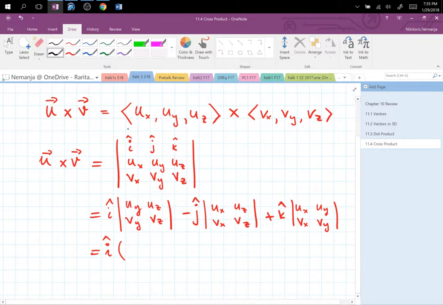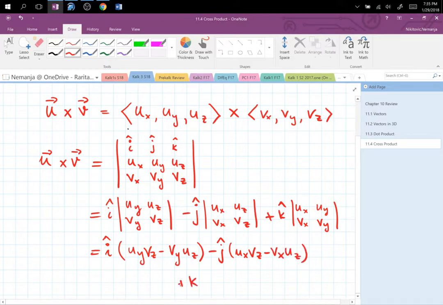If that helps, use that. So we get uy vz minus vy uz, minus j times ux vz minus vx uz, plus k times ux vy minus vx uy.